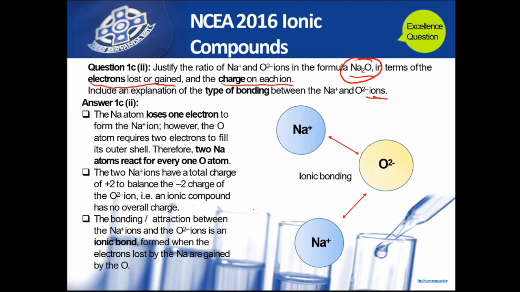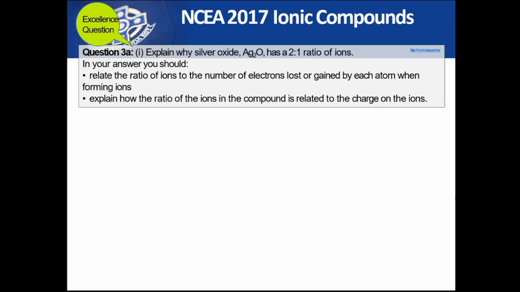The 2 sodium ions have a total charge of +2 to balance the -2 charge of the oxygen 2 minus ion. So in other words, an ionic compound has an overall no charge. The bonding attraction between sodium ions and oxygen is an ionic bond formed when the electrons lost by the sodium are gained by the oxygen. Easy peasy. Okay, I believe this is the last one for today.